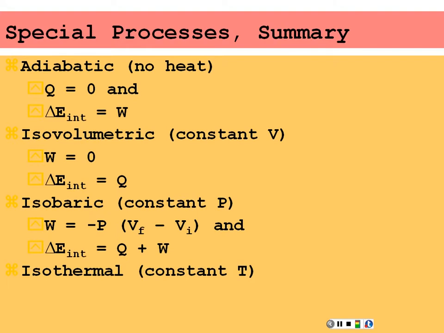Isothermal is at constant temperature, so we have no change in internal energy. Hence, Q will equal negative W and will equal nRT natural log V initial over V final, like we saw on the previous screen. So here's a quick summary of some processes by the first law. We'll get into this a little bit more in the following chapters.